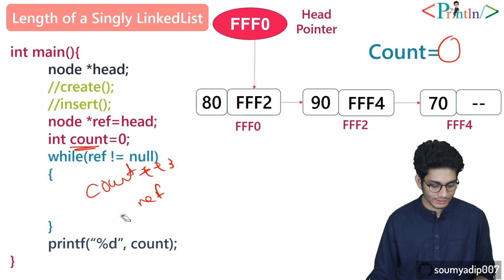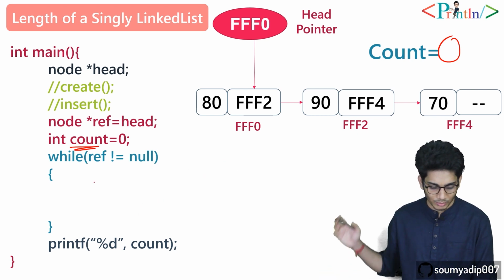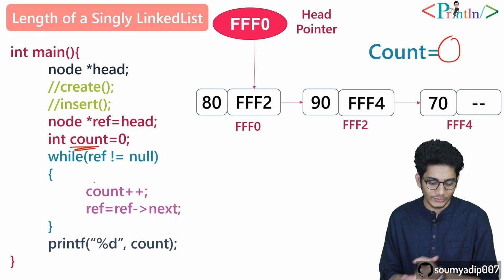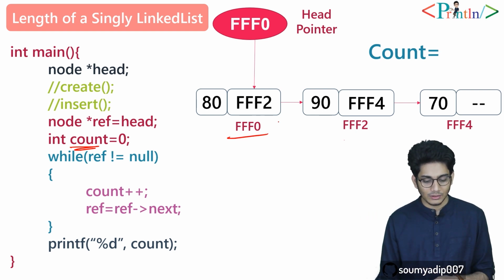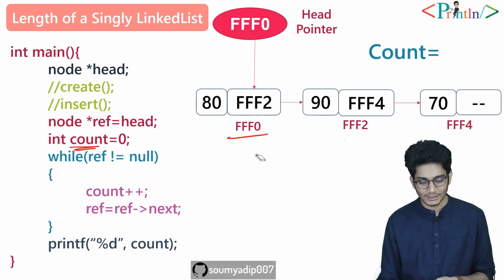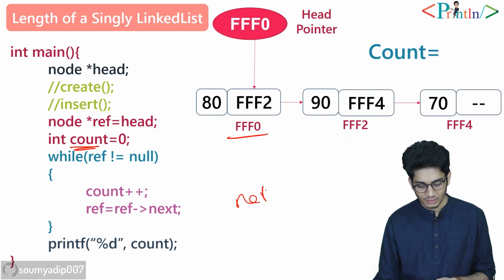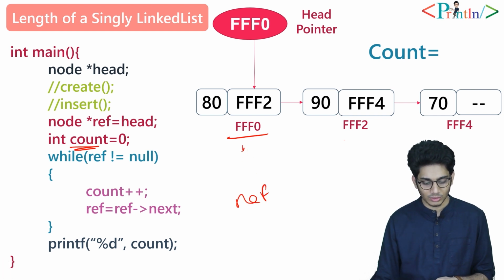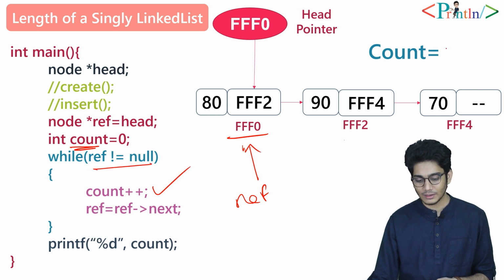So let me remove all these things. We have this portion over here, that is count plus plus and ref equals ref next. At first what is the value of ref? At first ref is pointing to this node, so ref is not equal to null. We'll increment the counter. The value of the counter will be 1. Then we'll move the ref pointer.